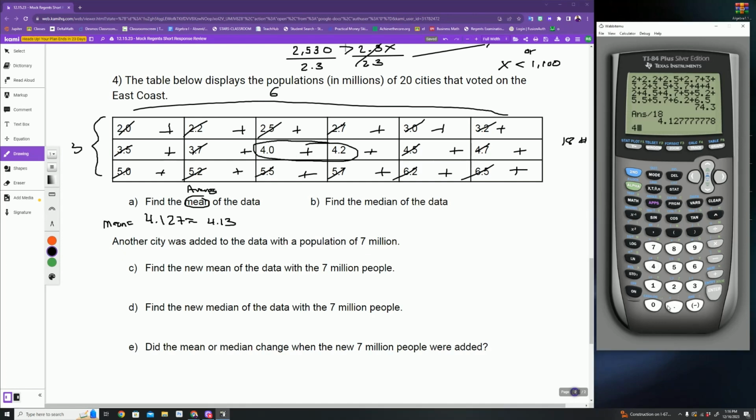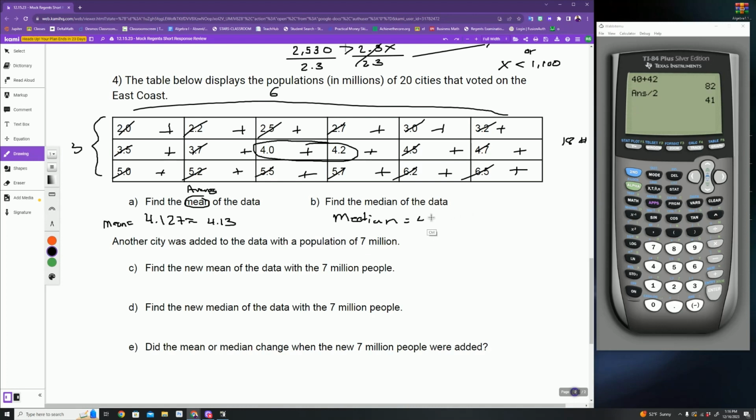So 40 plus 42, and you divide it by 2, and it'll give you the median, or the middle number, of 41.